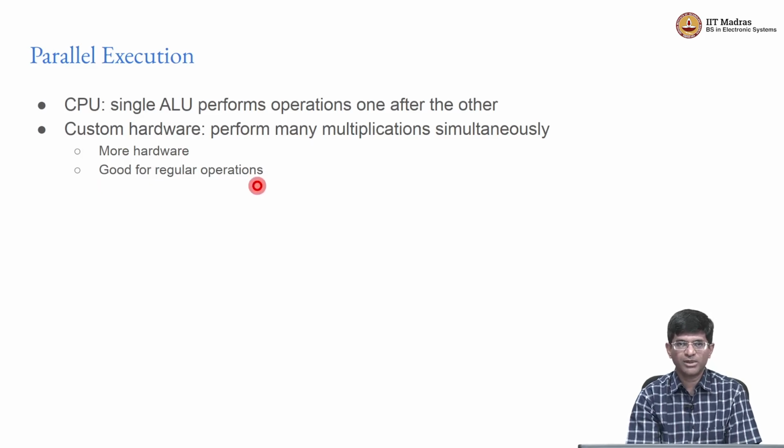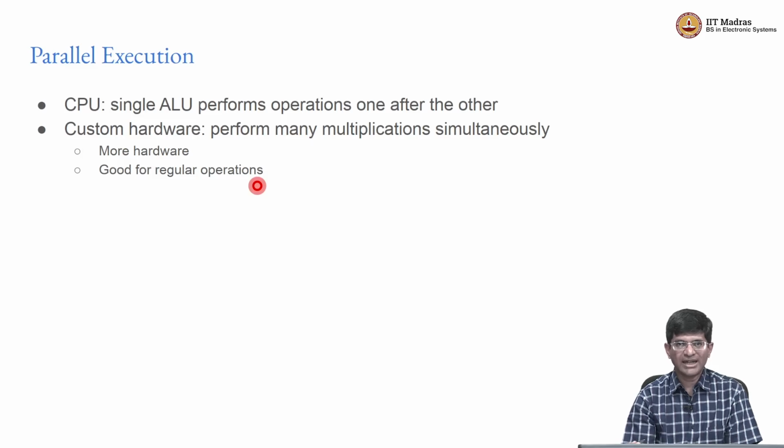What I mean by regular operations is if I know that dot products or matrix multiplication are something that I am going to be performing very often, then it makes sense for me to create extra hardware which performs a lot of multiplications all in parallel at the same time, so that my overall execution, my speed of operation, can be more.